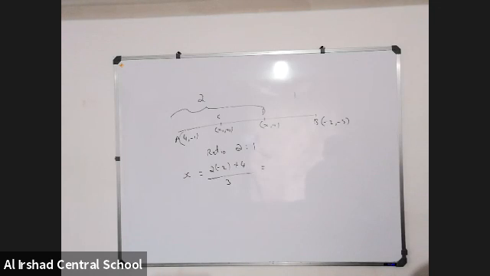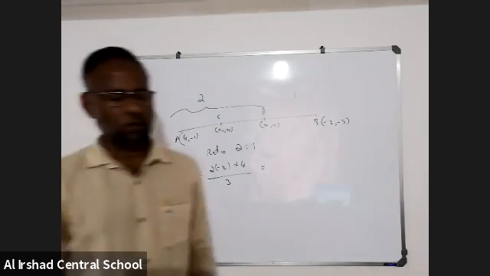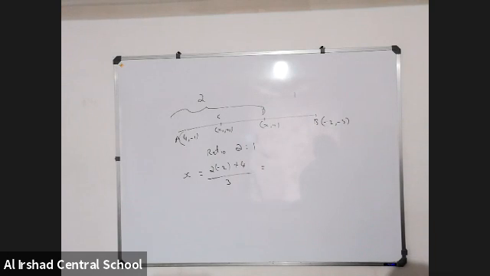X is equal to 2, then y is equal to? Y is equal to minus 5/3.